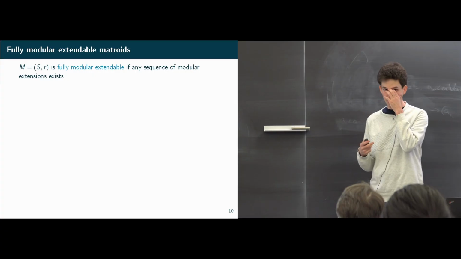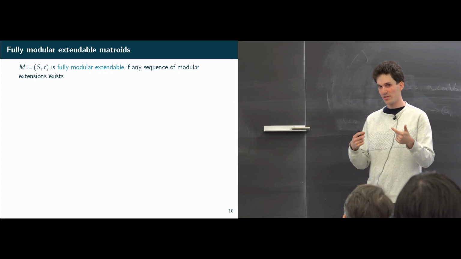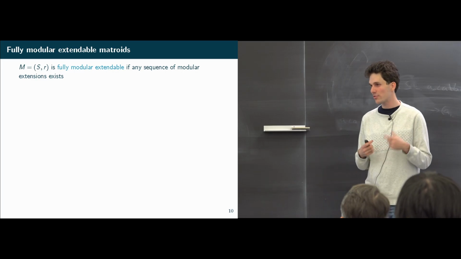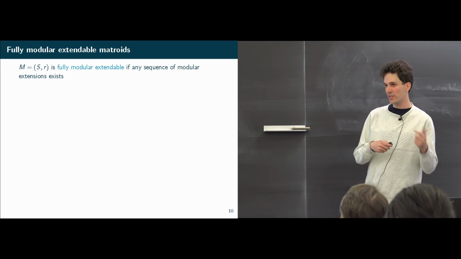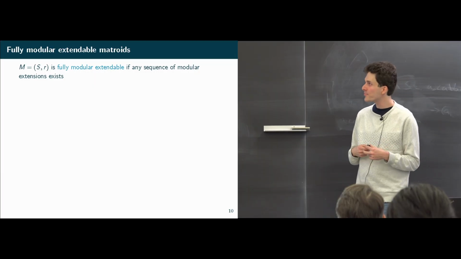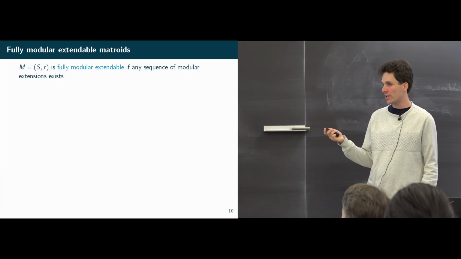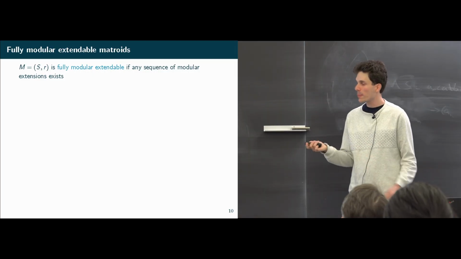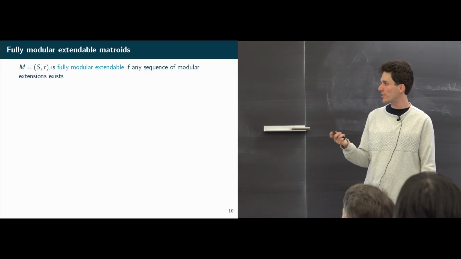So in a linear matrix, we cannot only just extend it once for two sets, but we can also repeat this. So we extend it using a pair of sets, and then again we can extend it using another pair of sets, and so on. So they also satisfy this property that for any sequence of pairs of subsets, we have such an extension where we have modularity.